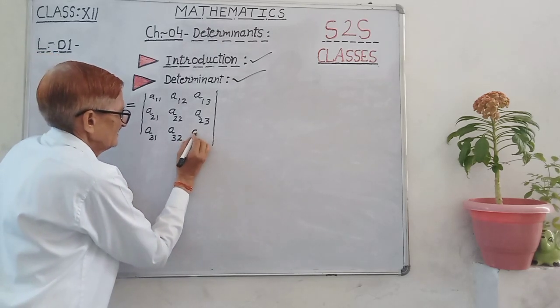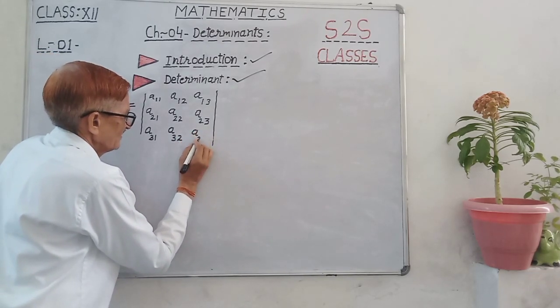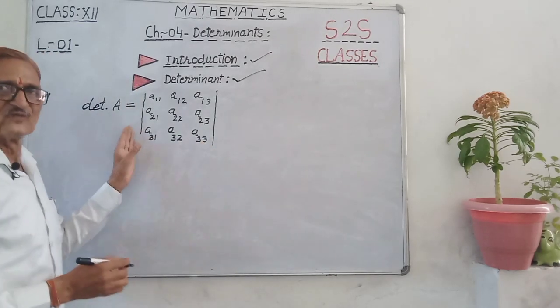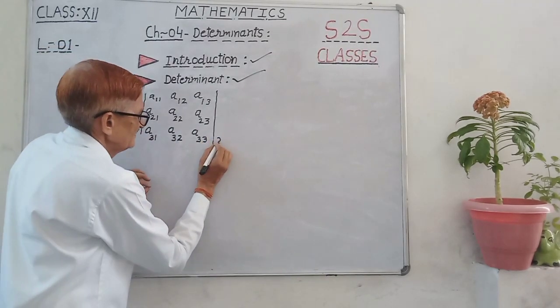This element row 3 and column also 3. This general form of the 3/3 order.